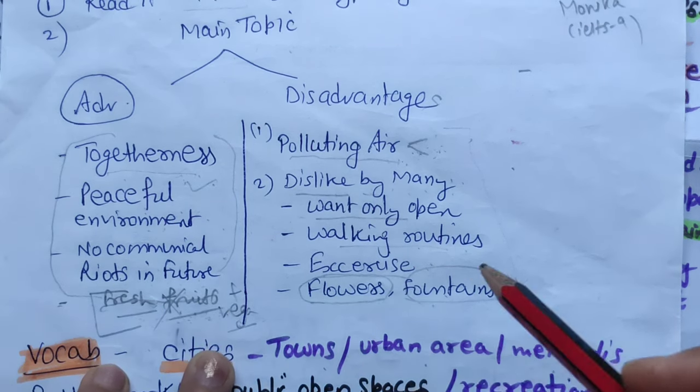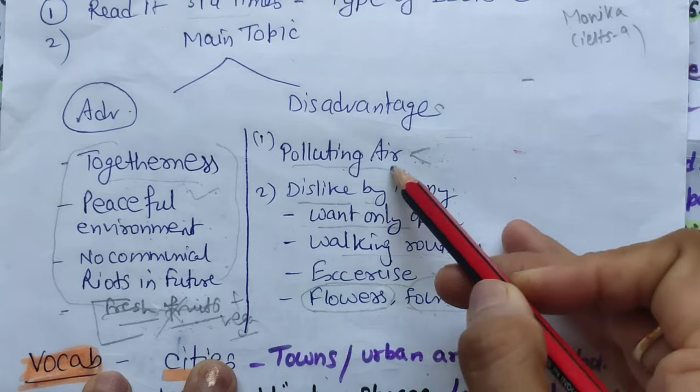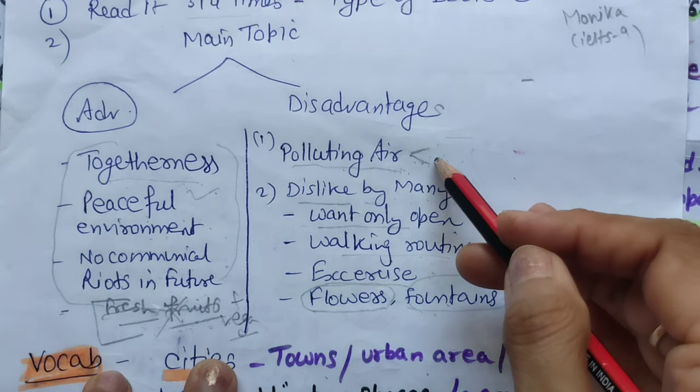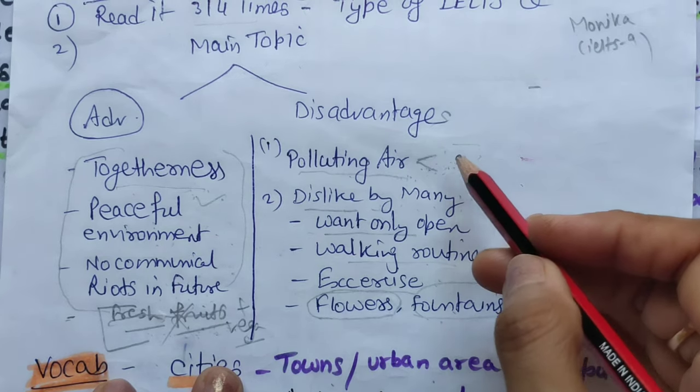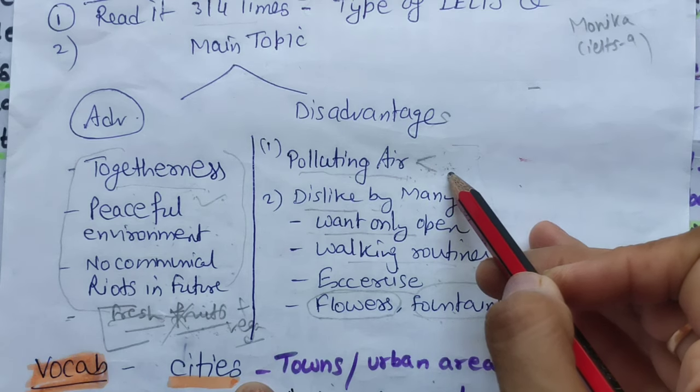Now for disadvantages, we can think about air pollution. When people try to do farming and gardening, in this age we have to spray pesticides and fertilizers to get a good harvest.